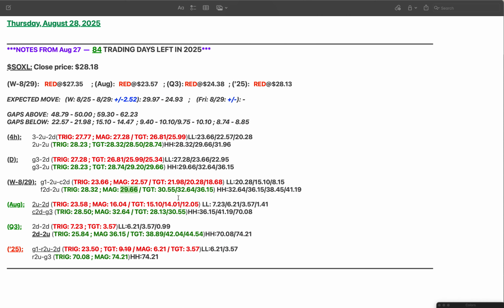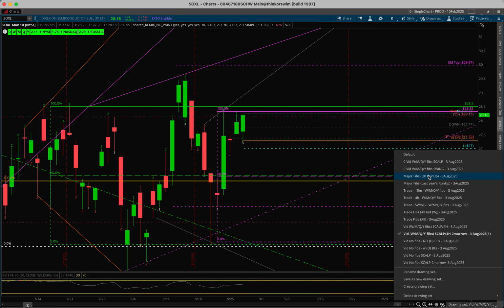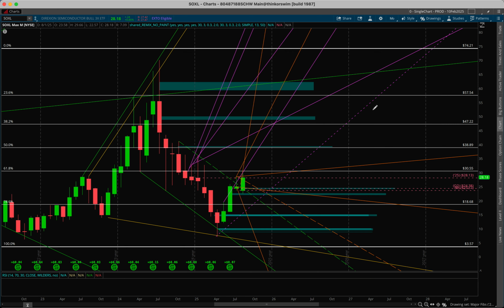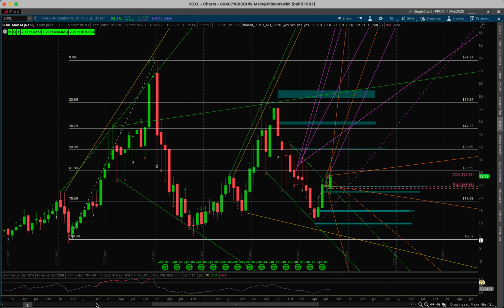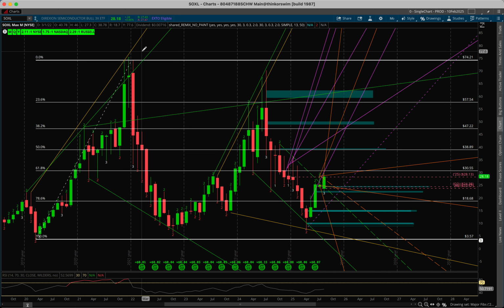So after that, if we do get to that 2966, if you're familiar with this channel, this 3055 level should be ingrained in your brain as well. If we bring up the major fibs from the 2020 low to the all-time high, let's just bring this up here. So we draw the Fibonacci's in here.